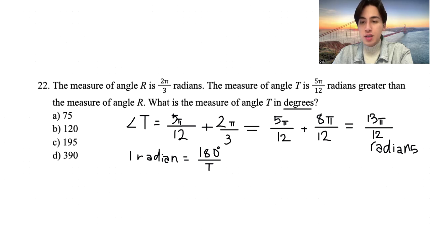So to convert this 13 pi over 12 radians into degrees, all we have to do is multiply this by 180 degrees over pi. So 13 pi over 12 times 180 degrees over pi.